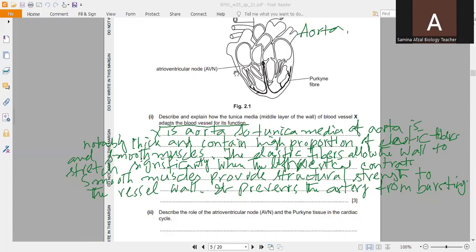And collagen fibers provide tensile strength.